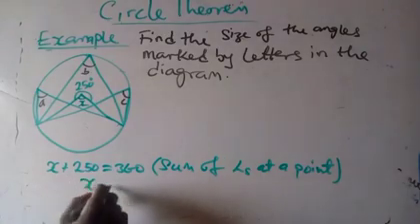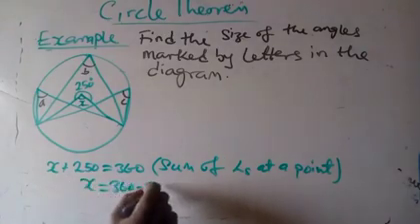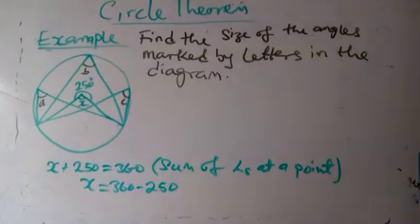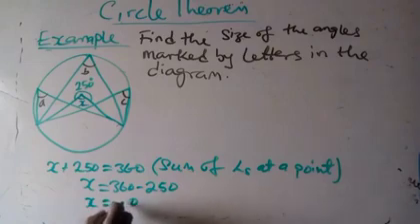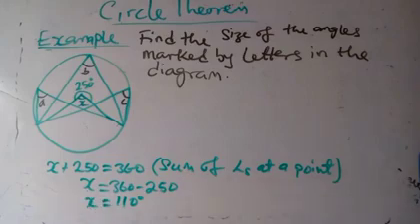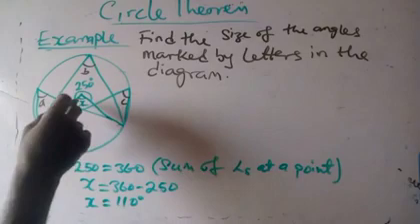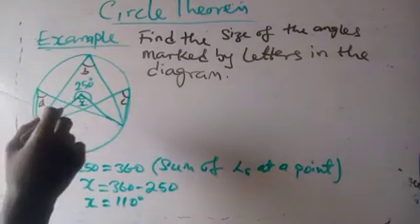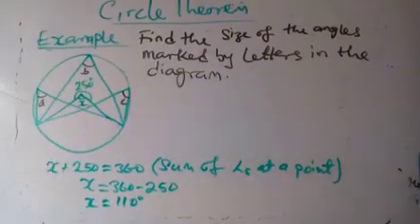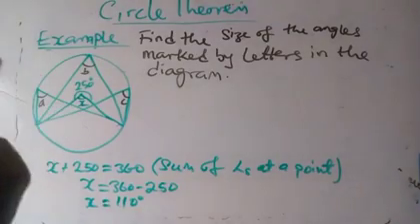So our x is 360 minus 250. And x is going to be what? 110 degrees. So if x is 110 degrees, then don't forget the theorem that says angle subtended at the center is twice another angle subtended at the circumference by the same arc.